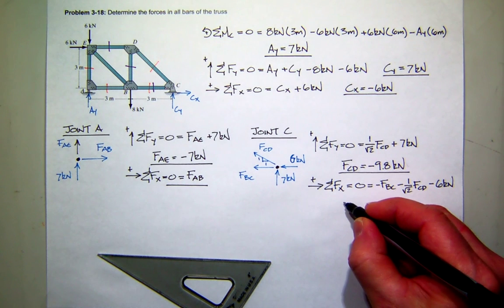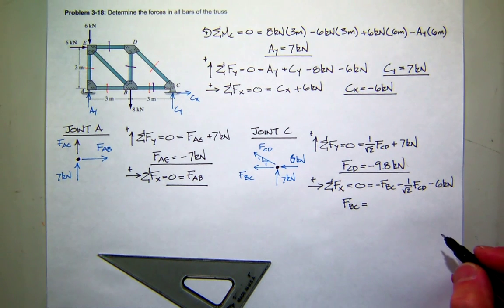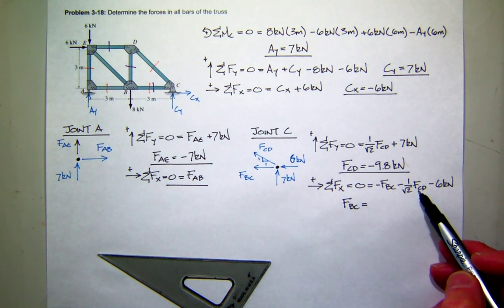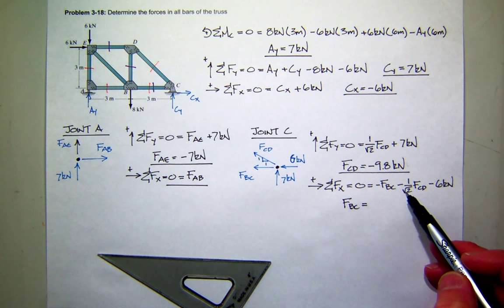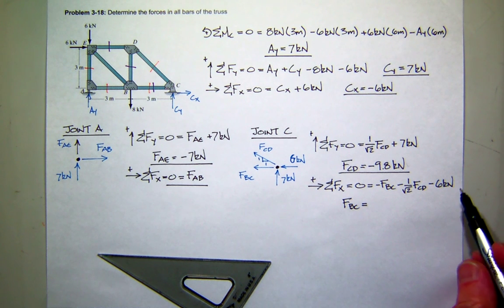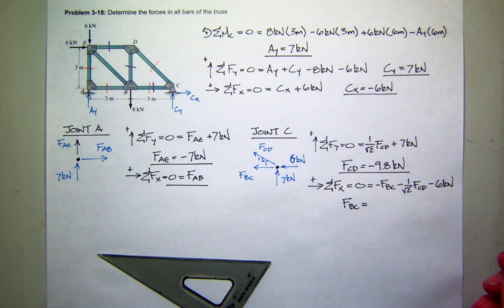So a little more complicated, but what's BC equal to? We have to put this negative 9.8 in here, so that would be 13? That's a big guess. No, I did that wrong. It should be 1. Huh? 1? Positive 1?